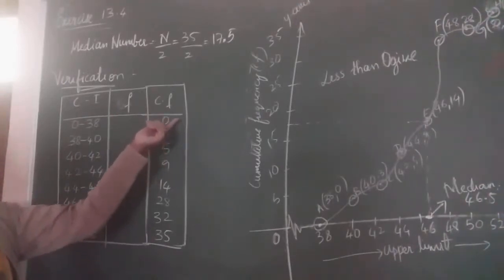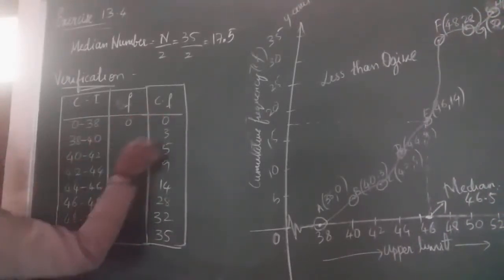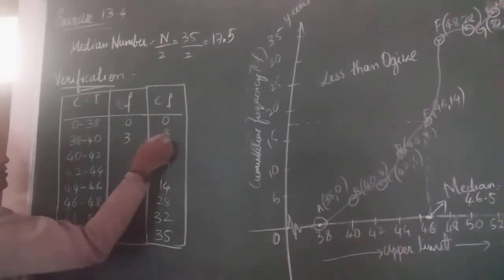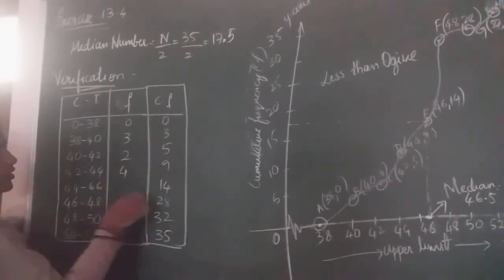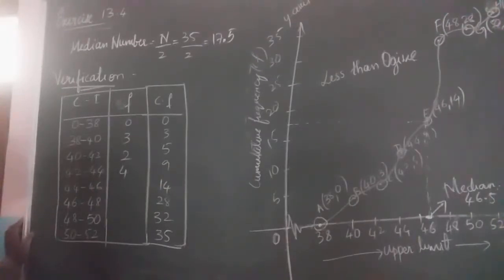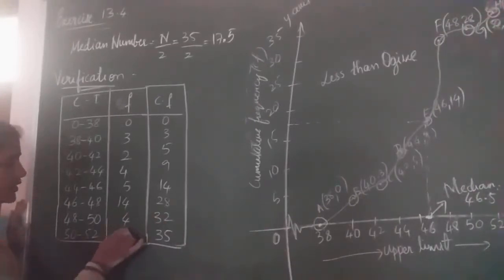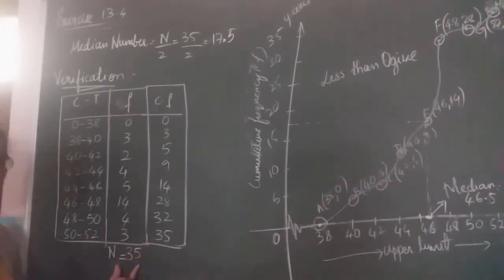Subtracting the CFs. 0 minus 0, 0. 3 minus 0, 3. 5 minus 3, 2. 9 minus 5, 4. 14 minus 9, it is 5. Next 28 minus 14, it is 14. 32 minus 28, 4. Next 35 minus 32, it is nothing but 3. Now find out the sum of the frequencies. It is nothing but 35. This last CF will be equal to the sum of the frequencies. This should be understood.